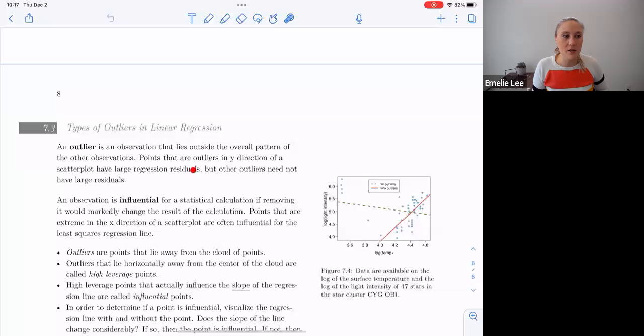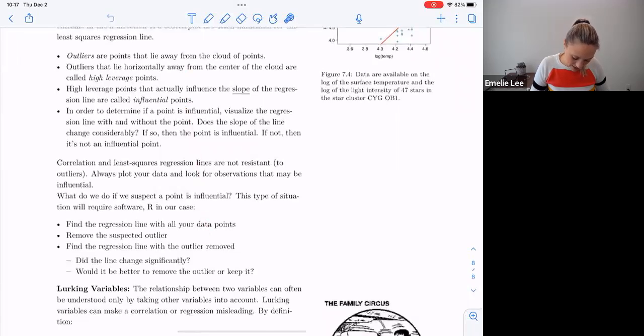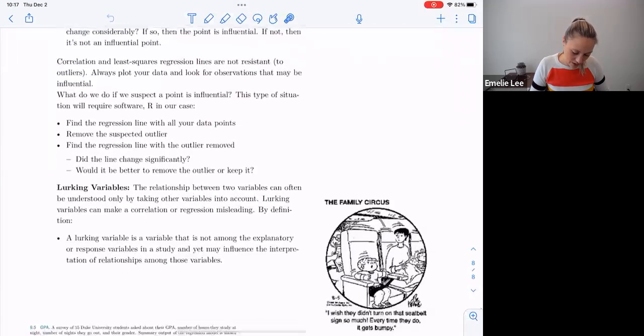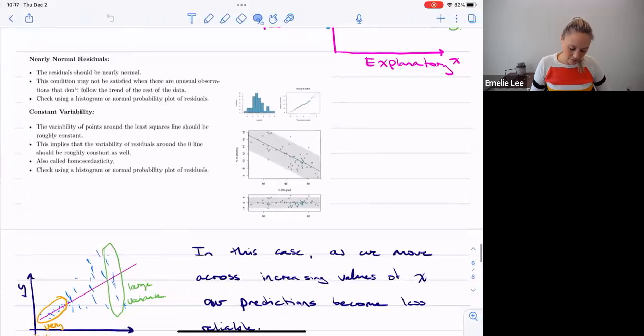We have different types of outliers, but with my last 3 minutes, I want you to read the section on the outliers on your own.